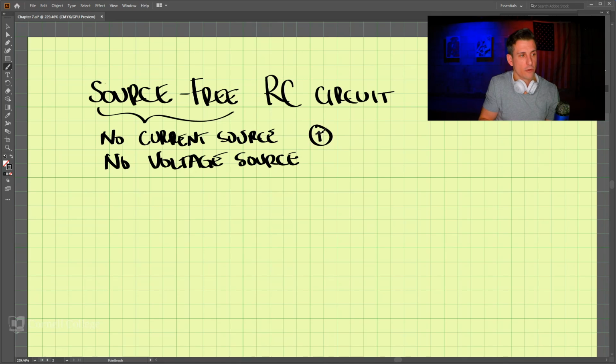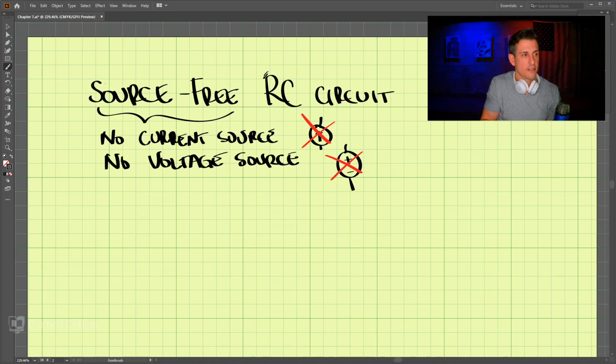So we don't have either a current source or a voltage source here. So that is a source-free RC circuit.